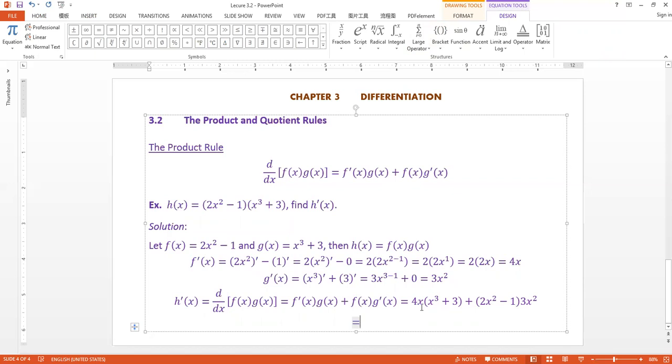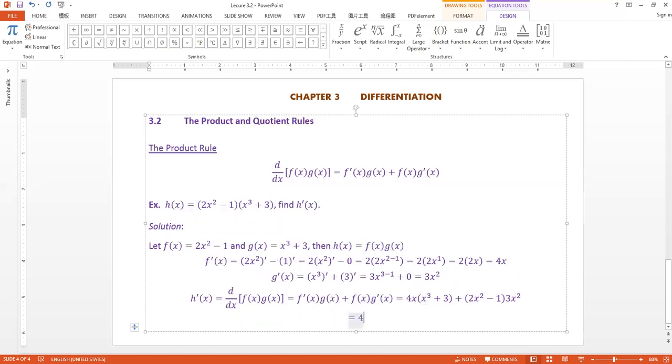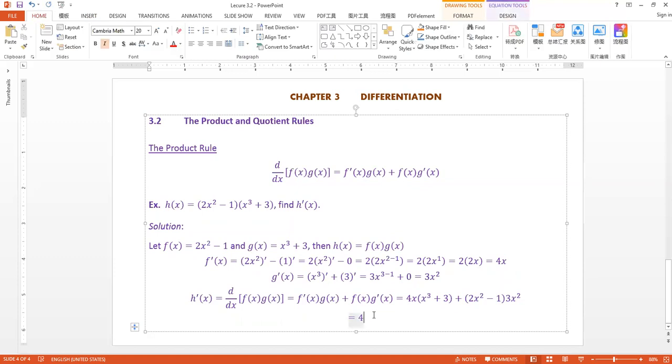So 4x times x cubed, that'll be 4x to the 4th, isn't it? So that'll be the first term of the first part. And then 4x times 3, that'll be 12x. Okay. So that's the first part.